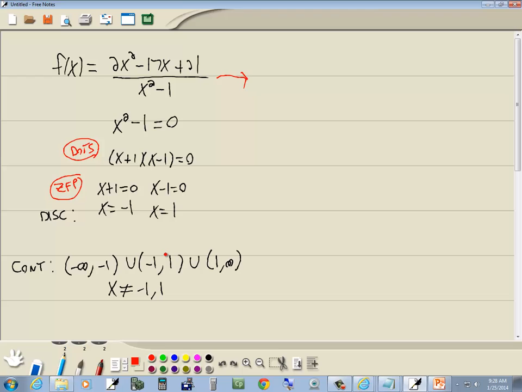If I factor the top and bottom of my fraction, the top is the key number. The bottom, we already said, was the difference of two squares. Let's see, what does this become? 2x, x. This is x plus 1, x minus 1.